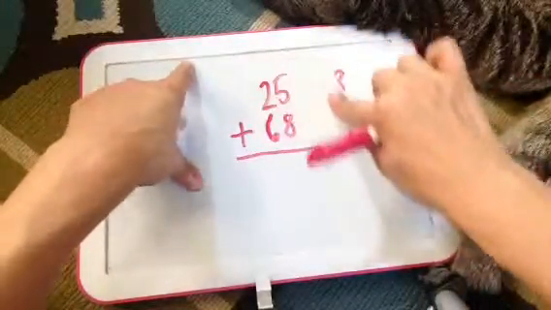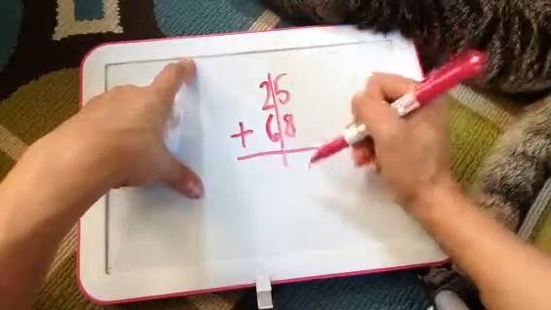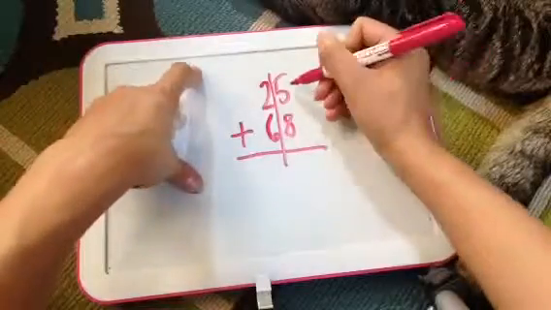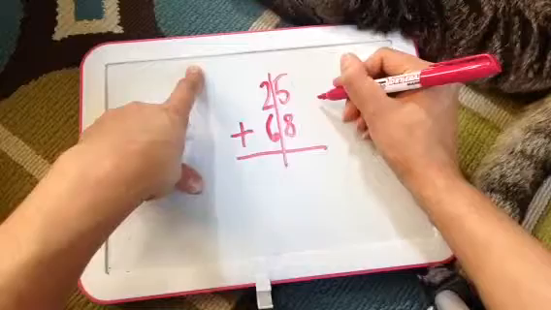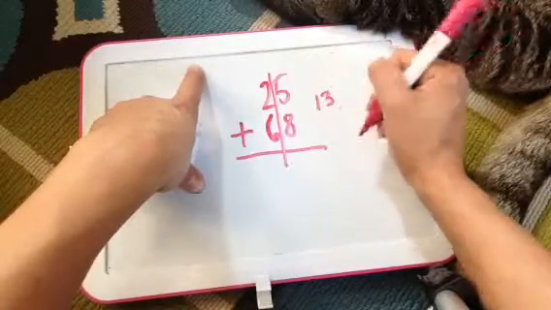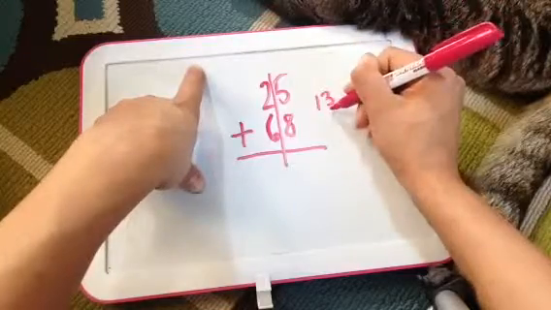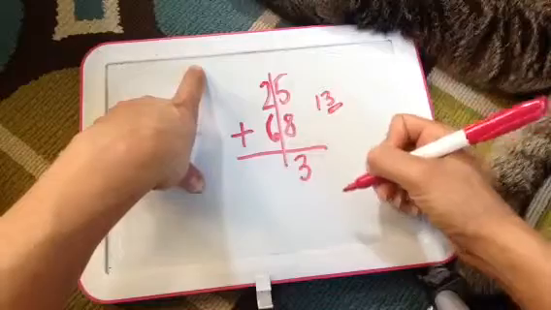The ones are underneath the ones, the tens are underneath the tens. Then you look just at the ones place first. 5 ones plus 8 ones is 13 ones, okay? Or 1 ten, 3 ones. So you're going to take the number from the ones digit and put it in the ones place.